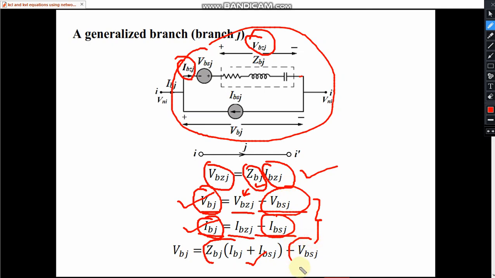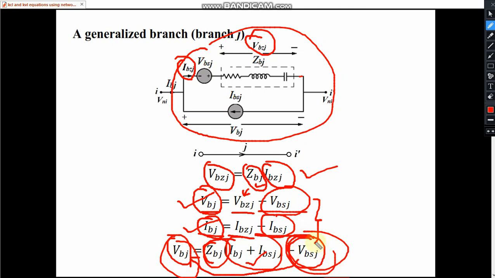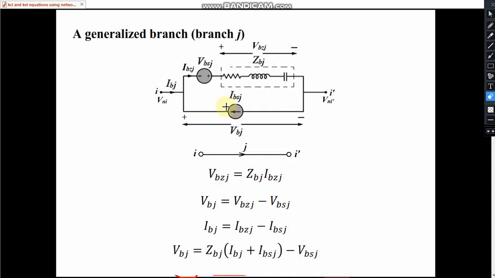So minus this will be there. We can also say that this minus VBSJ will be written here. Then this thing plus this thing is equal to this thing multiplied by this thing. Actually, this thing plus this thing is what? This is nothing but this thing. And this thing plus this thing, it is nothing but this thing. So this is all about the generalized branch current.